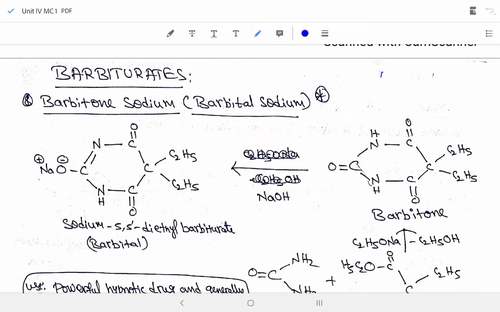Now let us see the general structure of a barbiturate. First draw the structure of urea: two NH2 groups connected with a carbon atom.